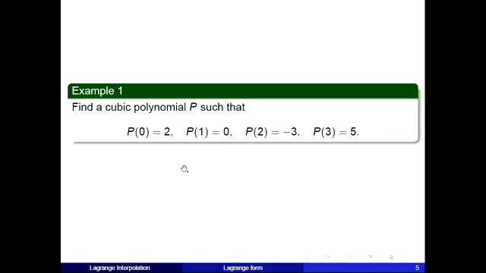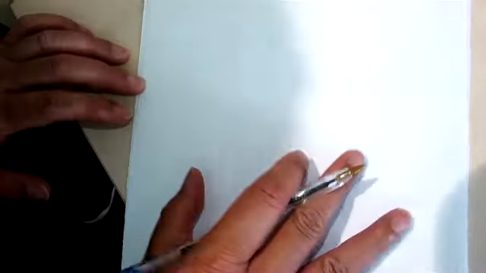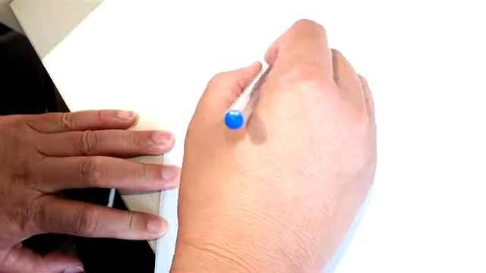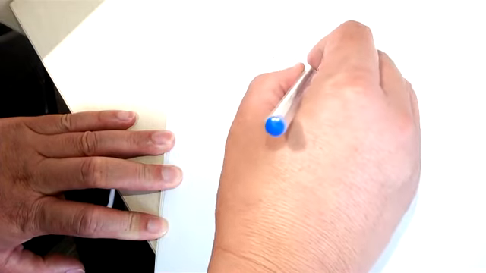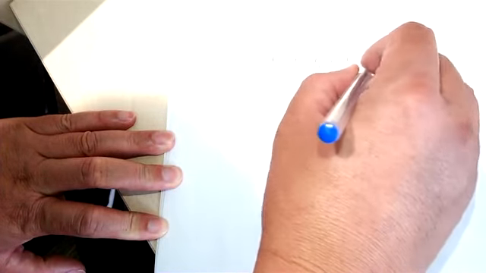So what do I mean by linear system? Suppose you have a cubic P, it just equals A0 plus A1x plus A2x squared.